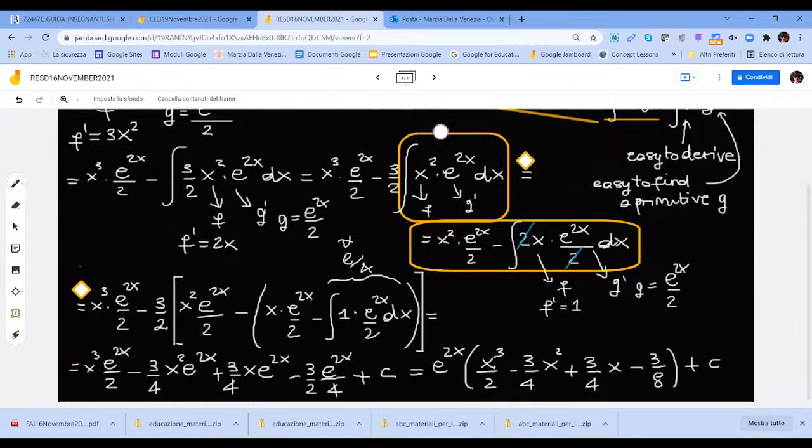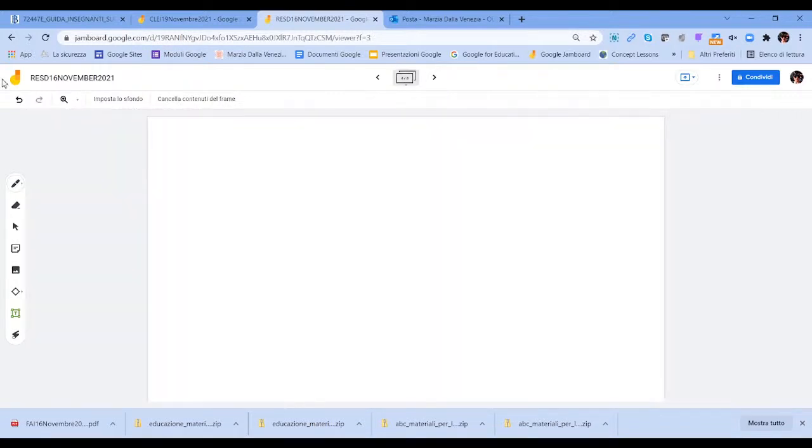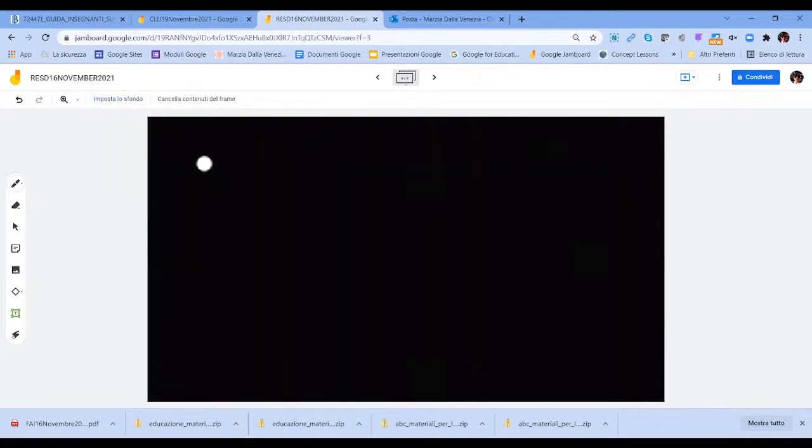Okay, so let's perform some other type of integral, and I would say this time we can compute something with an upper and a lower bound. So let's give an example.